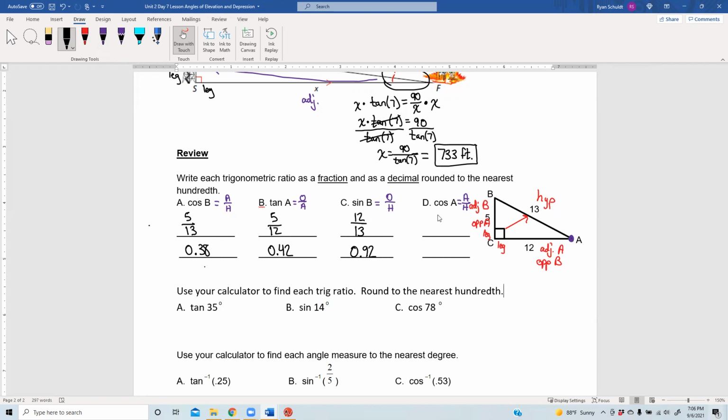The 12. And the hypotenuse is 13. So 12 over 13 is your fraction, which means 0.92 is your decimal. And we didn't have to touch trig on any of these. No, the 4 we just did.